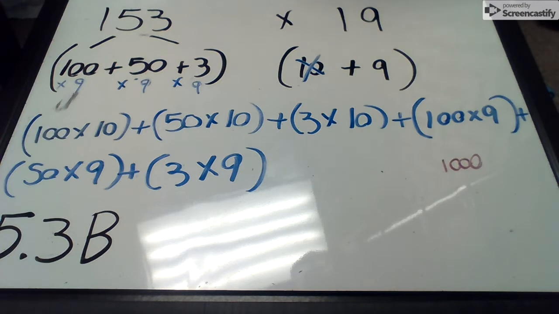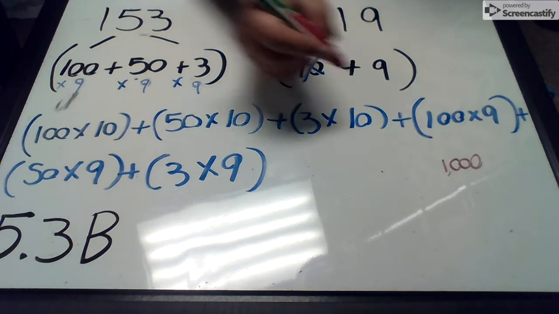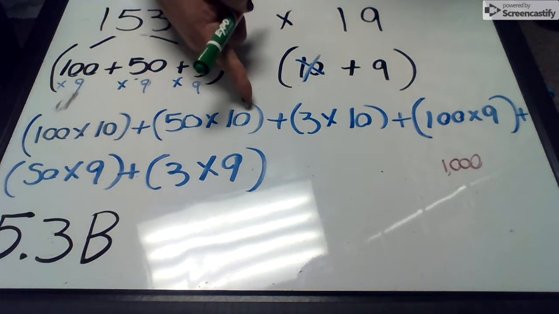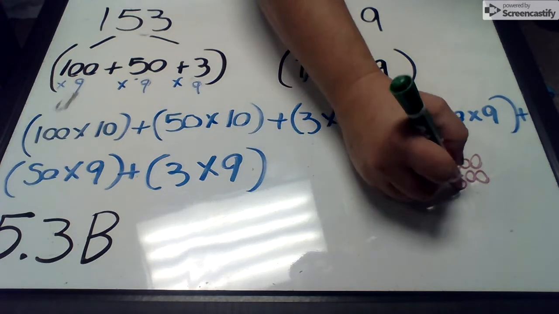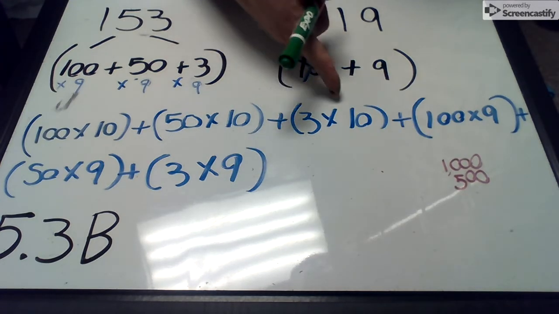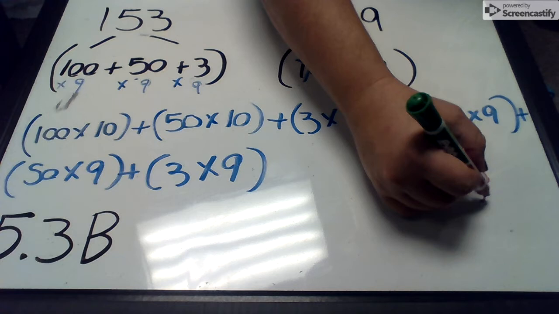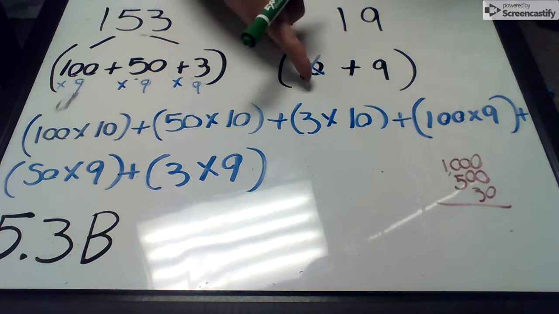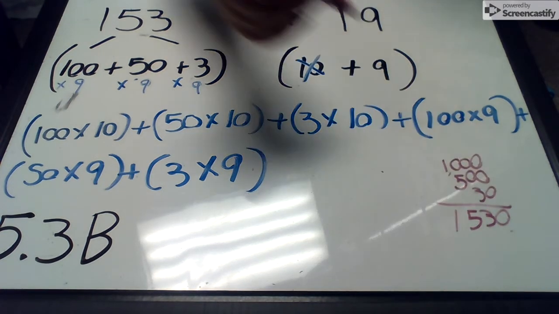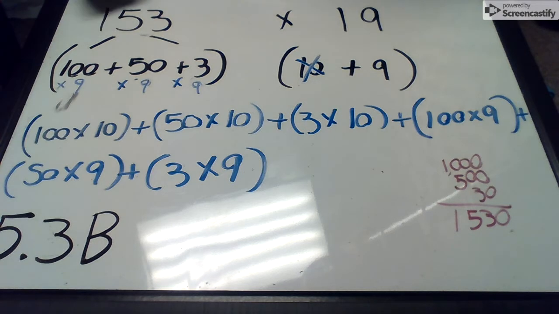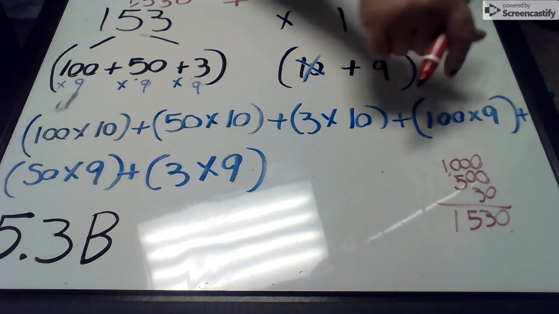So 100 times 10 is 1,000. 50 times 10, there's 2 zeros. 5 times 1 is 5. 3 times 10 is 30. I'm going to go ahead and add those up before I move on to the nines. So this would be 1,530 plus. Now I'm going to move on to the nines.